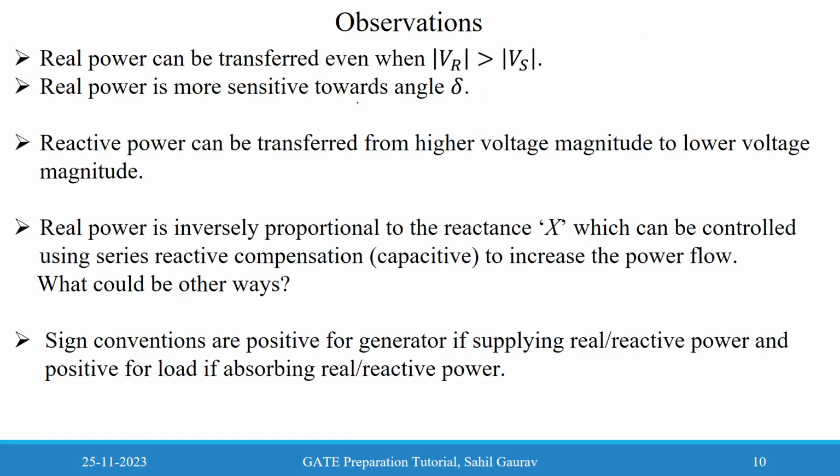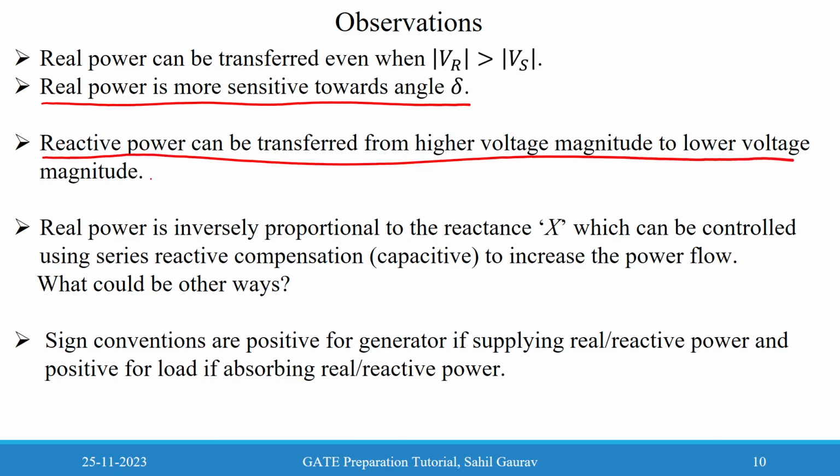It is not that if the receiving end magnitude is greater, then real power cannot be transferred. And the second point is that reactive power can be transferred from higher voltage magnitude to lower voltage magnitude. The second and third points are very, very important.